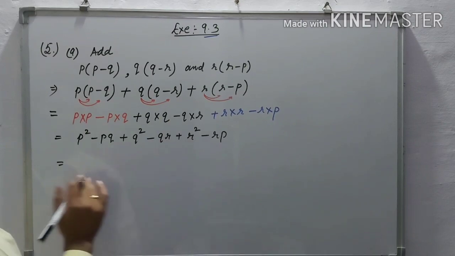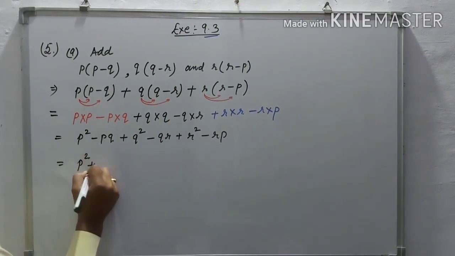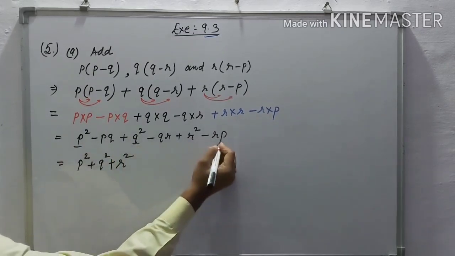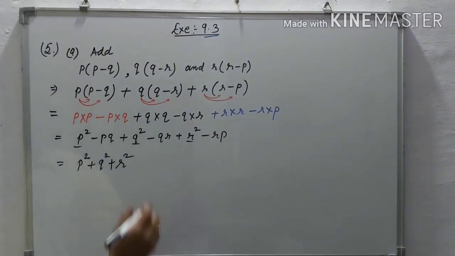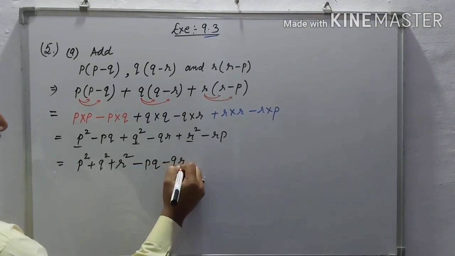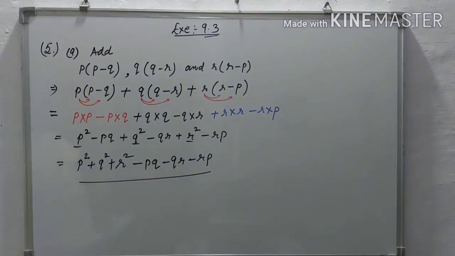So this is the answer, but arrange it as p square plus q square plus r square. First write the positive square terms, then write the pq minus qr and minus rp. So this is the answer after addition.